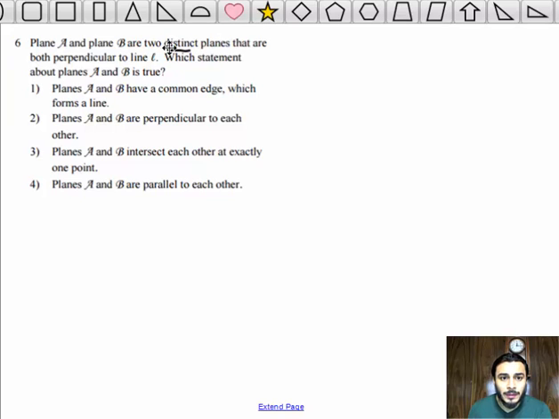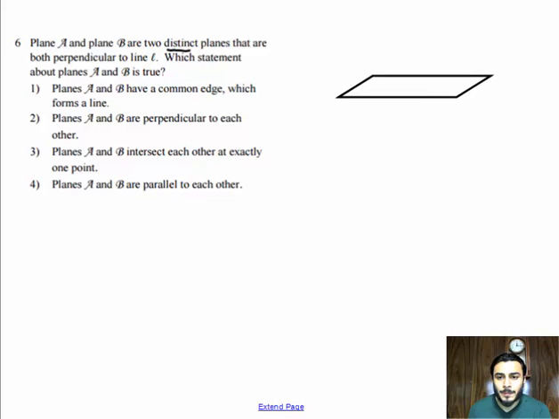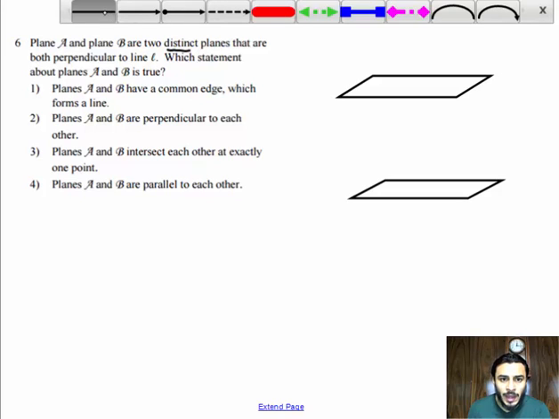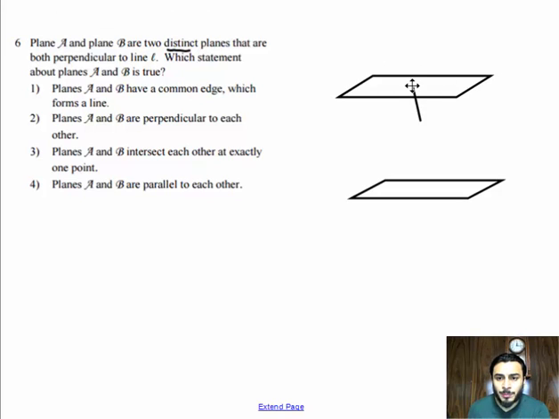We've got plane A and we've got plane B. The reason I'm drawing them like this is because line L is perpendicular to both of these planes. That's supposed to be a right angle box.